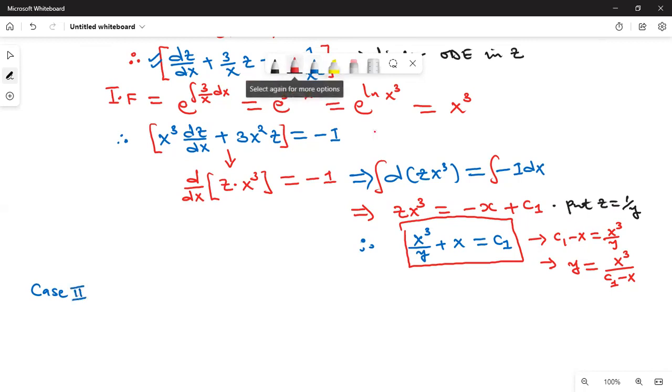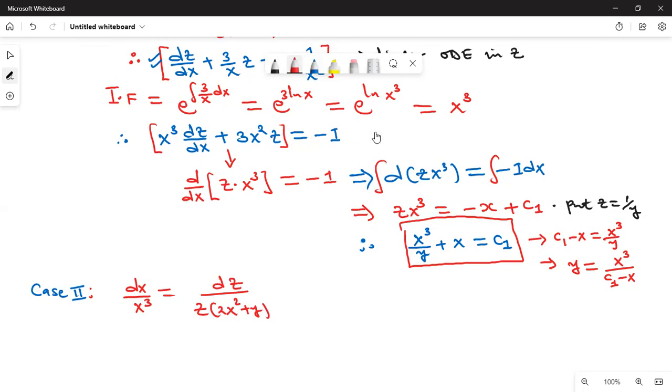In case 2, we have picked the first equation, which is dx over x cubed, the first fraction, and the last one, dz over z into 2x squared plus y. You see, I need to get rid of the variable y from these two equations, or from the ODE that we have there.